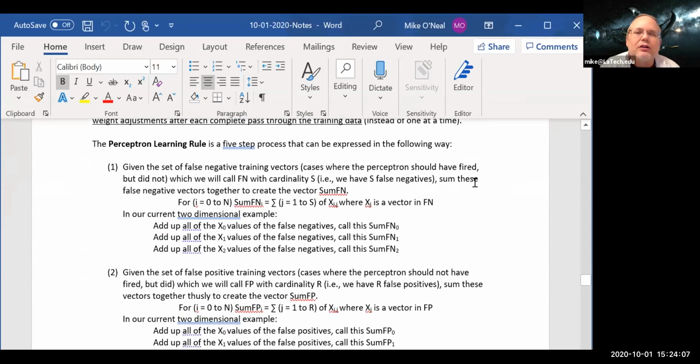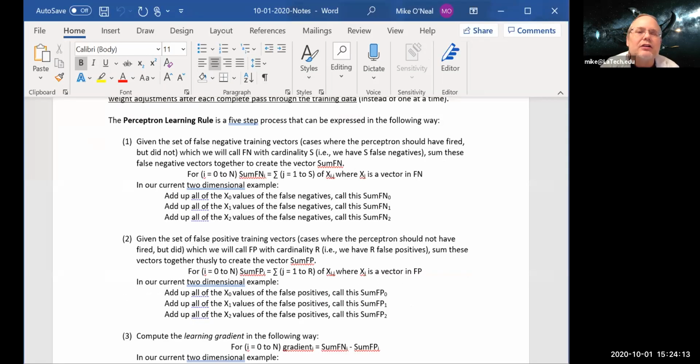So what is the perceptron learning rule? Well, we've already covered it, right? I said it's these 5 steps, but now let's look a little more closely at how these steps would be implemented. Okay. The first thing we need to do is we need to get the sum. We need to get a vector, which is the sum of the false negative vectors.